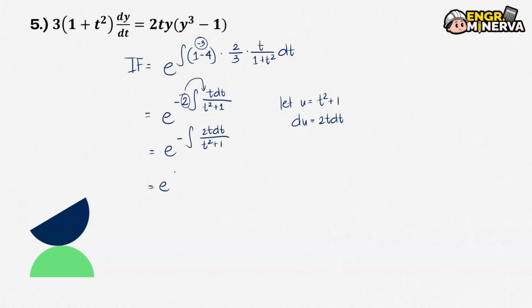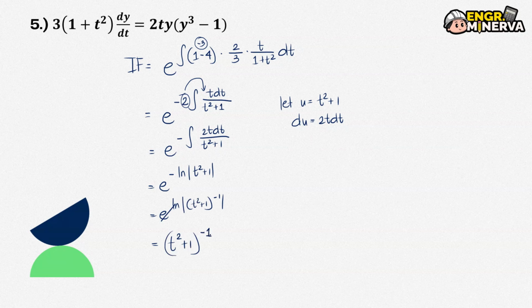So this would be e raised to negative ln of t squared plus 1, and eventually e raised to ln of t squared plus 1 raised to negative 1. And our integrating factor would be t squared plus 1 raised to negative 1.